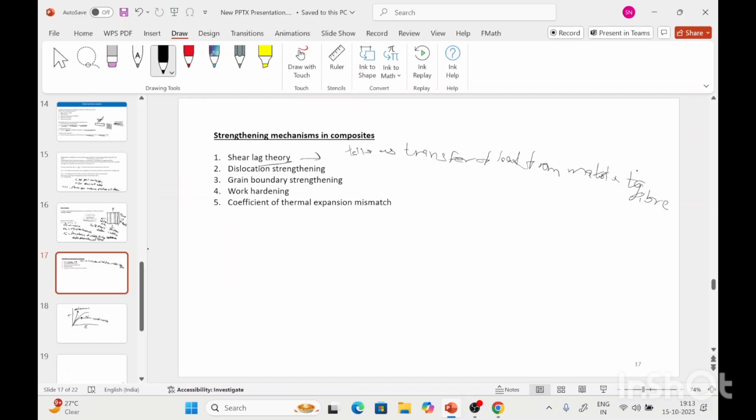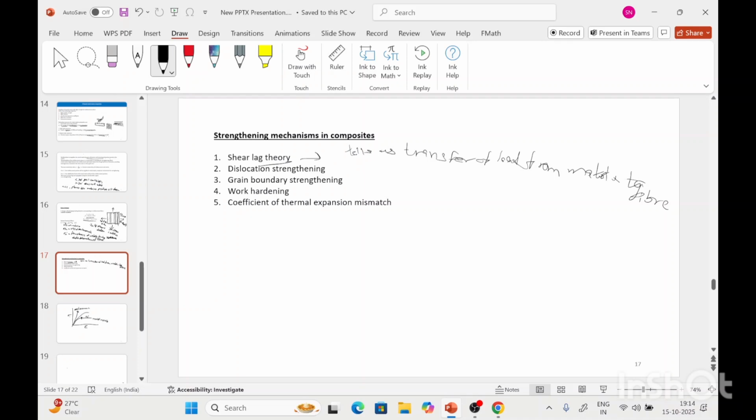How efficient the load transfer is depends on the bonding of the matrix and fiber. If bonding is good, the transfer of load will be easy, and if bonding is not good, it will result in early failure of the composite.